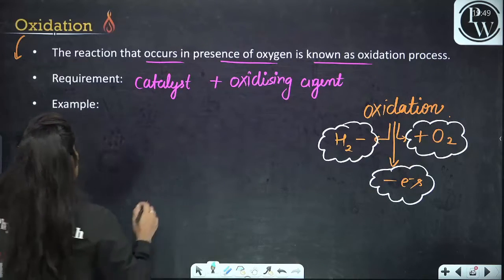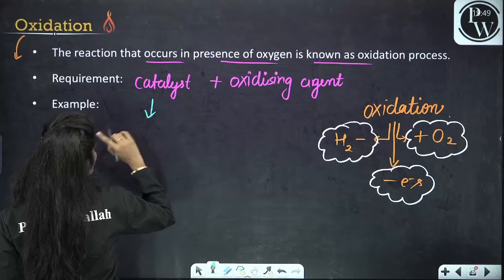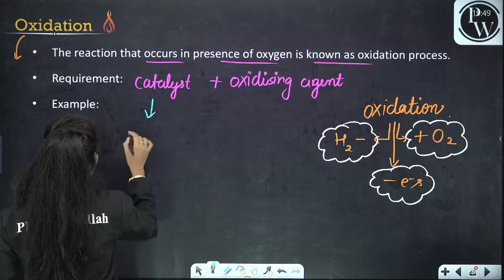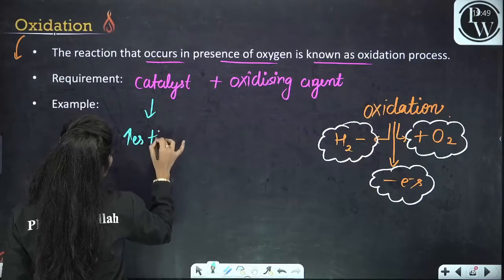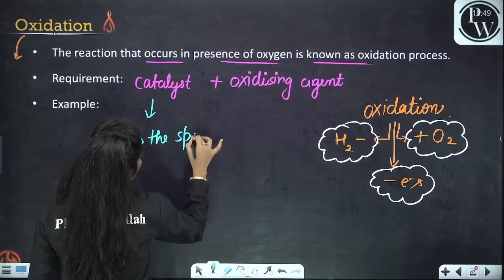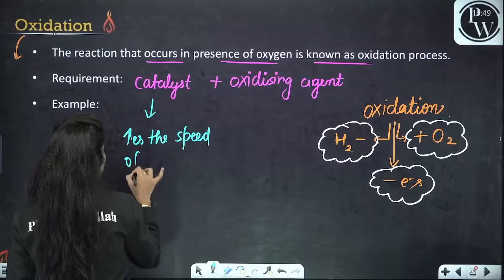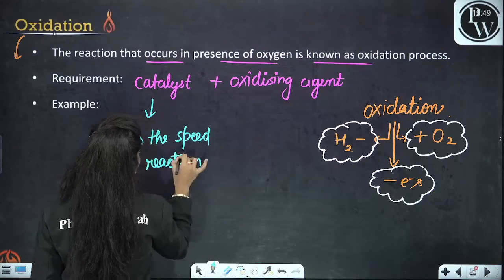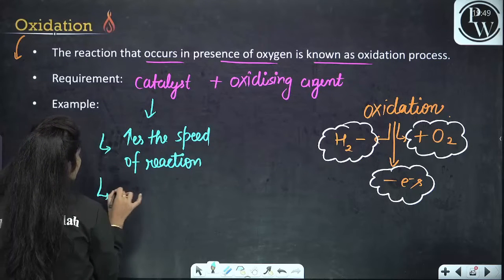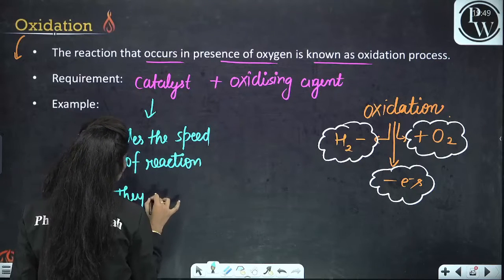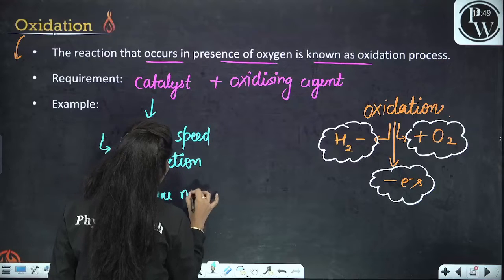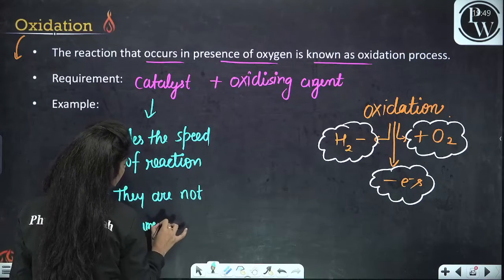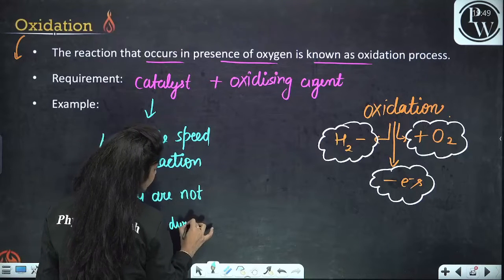So basically catalysts are the chemical substances which generally increase the speed of reaction, right? And they are not consumed during the reaction.